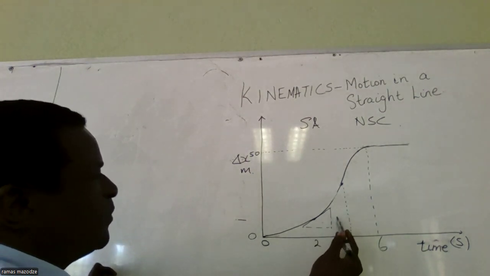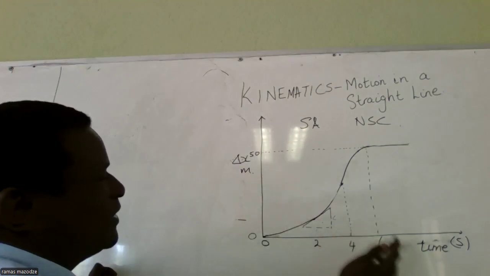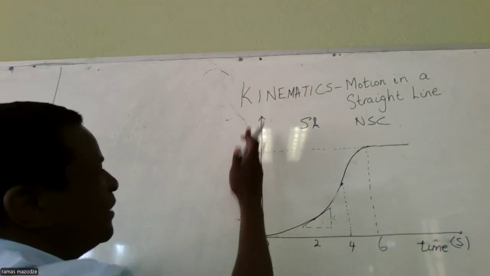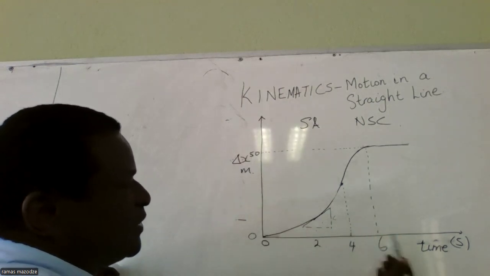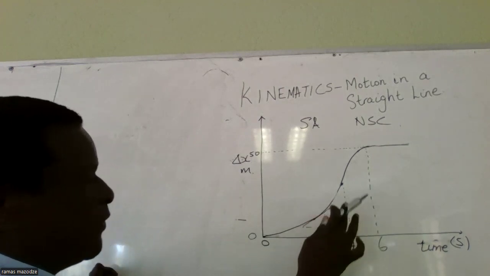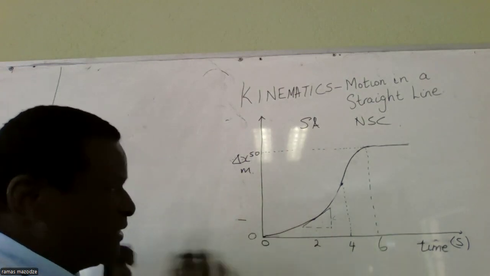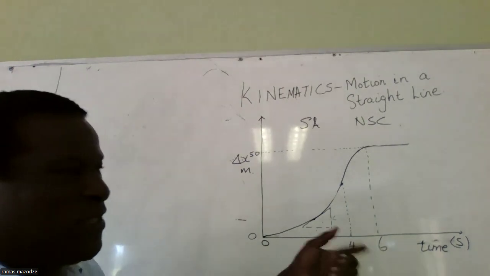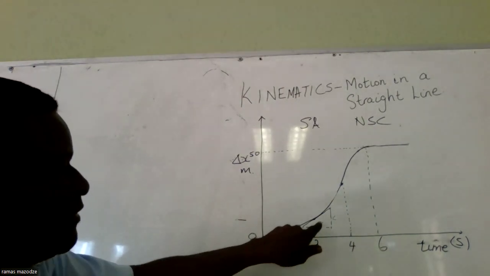Of course, gradient would be change in y over change in x, but in this case it's vertical motion, so it will be change in y over change in t. It's given as just 8, but obviously it's a clue that it is velocity, because the gradient of the displacement time graph is velocity.